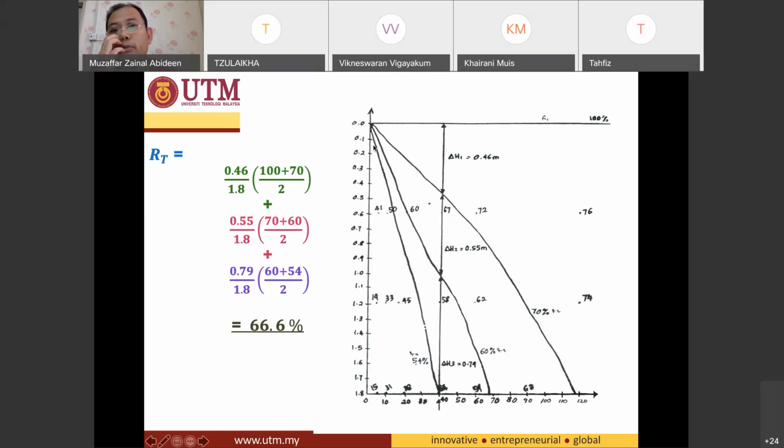If you like to draw another line, let's say we are interested in the 60% line. From this data, you can see that 58 is here, 62 is there. You have to measure. It's not just a guess. You have to measure to be sure that this has got to be the 60% point. So just link those points and extrapolate.